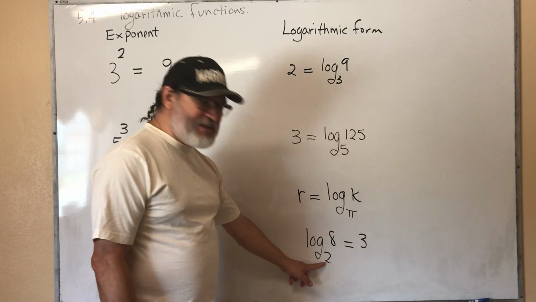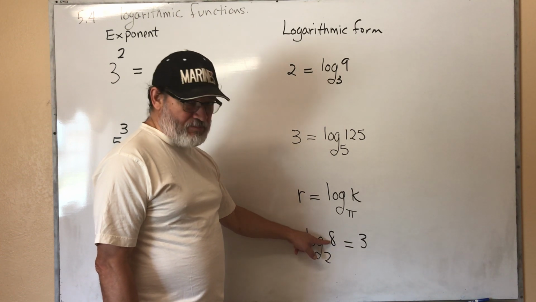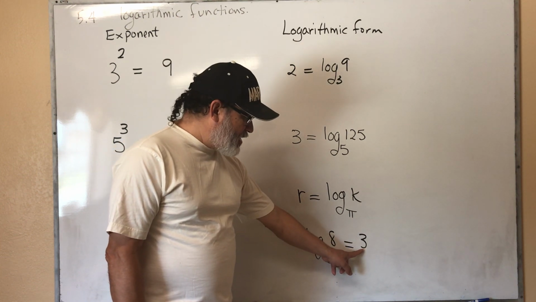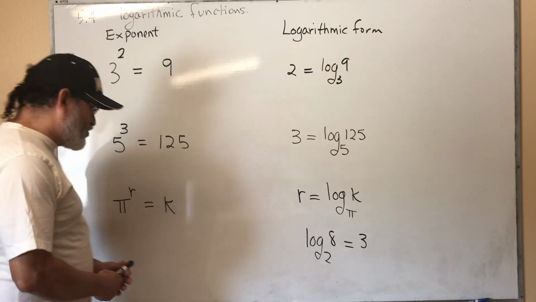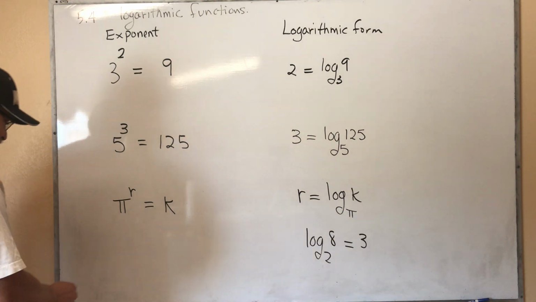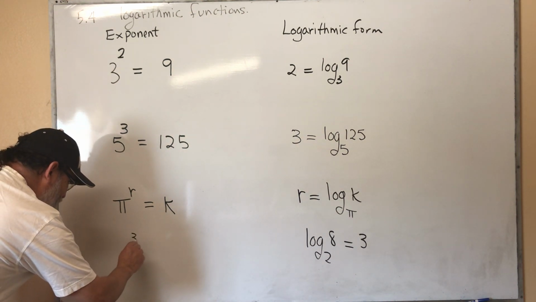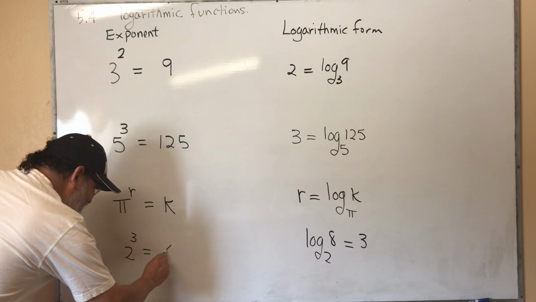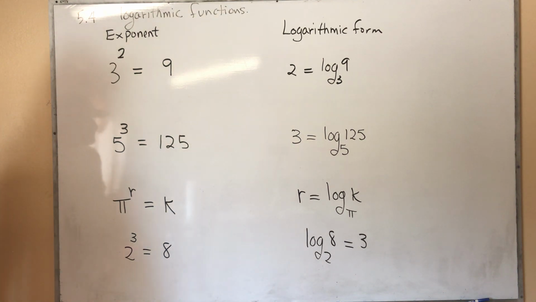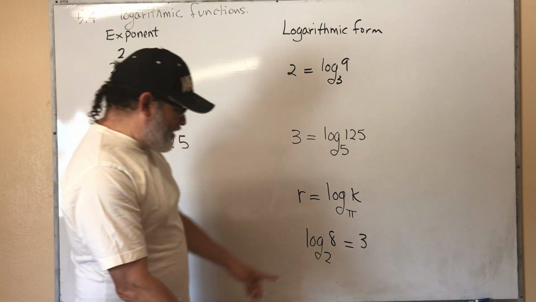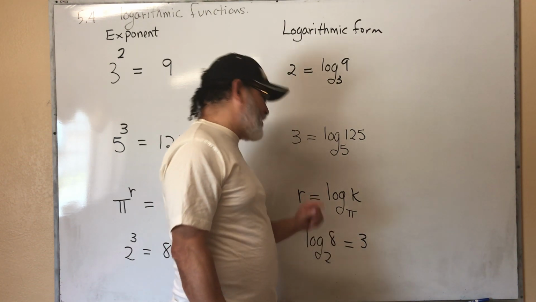So this 2 is the base. That 8 is the argument or the product. And this 3 is the power. So we're going to say 2 to the third is 8. This 2 to this power gives you this argument.